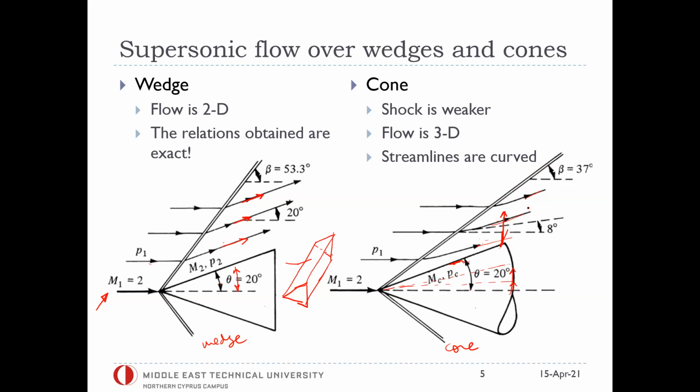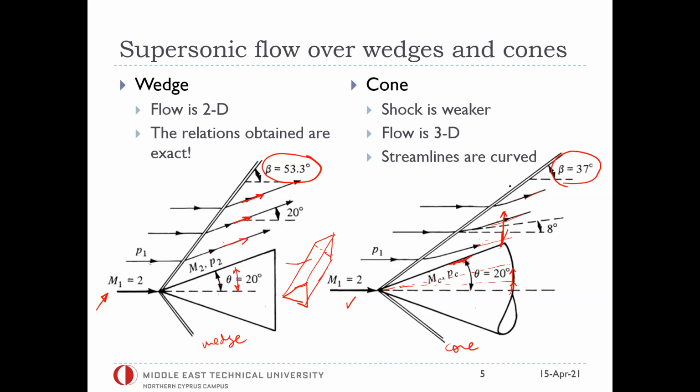Another important issue is that because of the three-dimensionality of the flow, the shock wave angle for the cone case, although the Mach number is the same and the maximum angle theta of 20 degrees is the same, is less than what you would have in a wedge problem. It is a little bit out of context of this class because it's a three-dimensional flow effect, and these are a little bit more advanced topics.